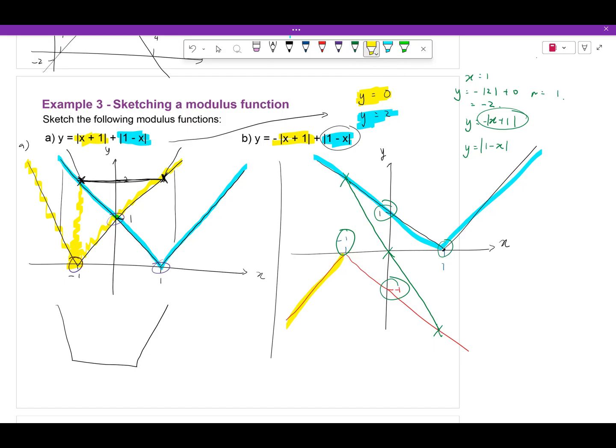So this part, they are all positive gradient. Since the directions are different, it is a horizontal straight line. So here is our negative 2 and this is our.